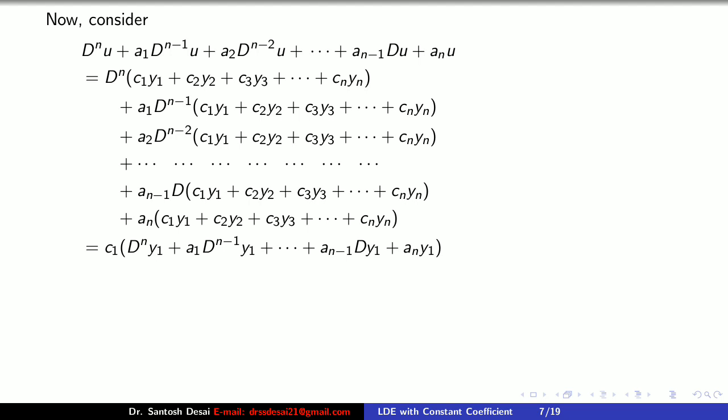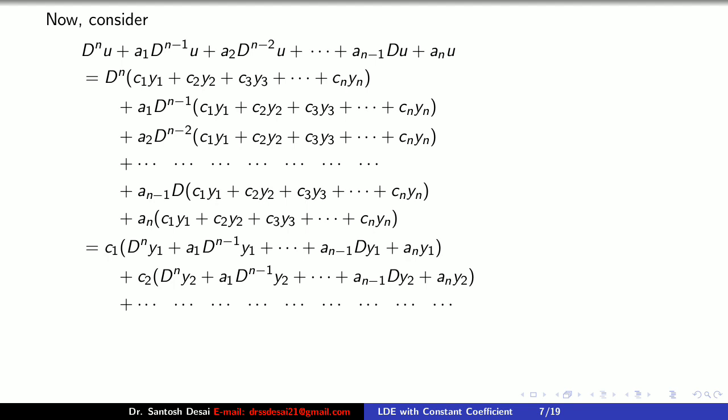Now similarly from the second term, one can take c2 as constant. So we get c2 into bracket the remaining terms, plus c3 again the remaining terms, and so on. The last term is cn into bracket D^n yn + a1 D^(n-1) yn + and so on an yn.